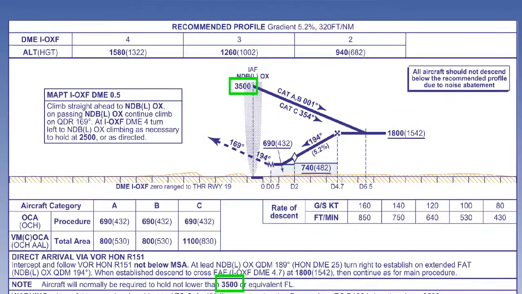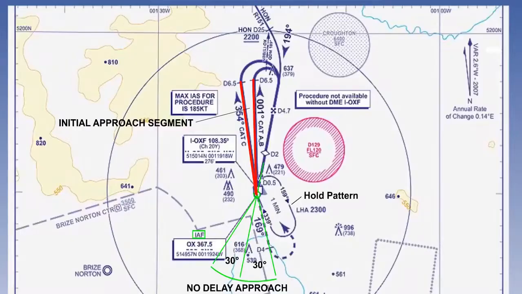Here we see that the aircraft must be at 3,500 feet above the IAF. The procedure in Oxford requires the aircraft to fly outbound from the NDB on a track of either 001 degrees for a light aircraft or 354 degrees for a jet, to a distance of 6.5 nautical miles.